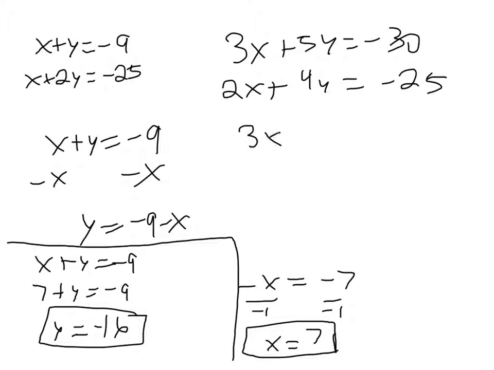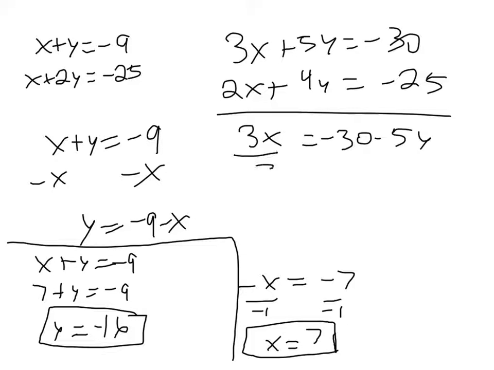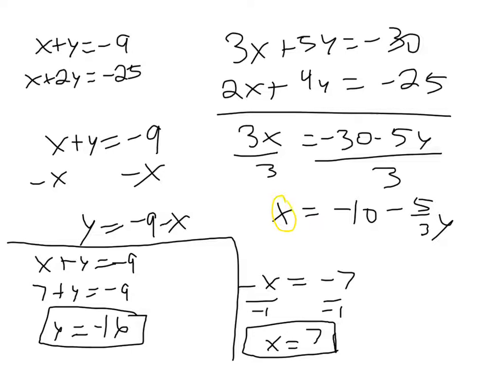I would have 3x equals negative 30 minus 5y, divide everything by 3, x equals negative 10 minus 5/3 y. And I have to plug in this x right here into this equation right here. That would be very messy and disgusting because now we get fractions.